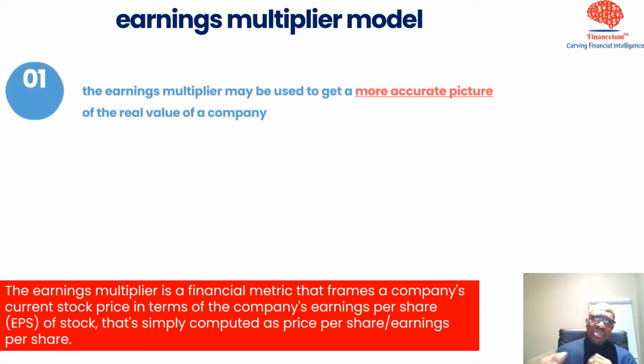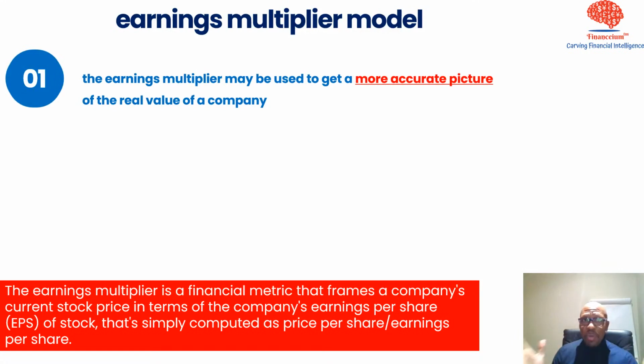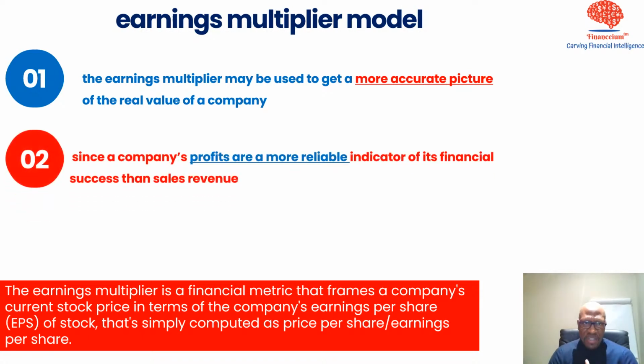Some of the things to realize about the earnings multiplier model is that it gives you a more accurate picture than the revenue model, because revenue doesn't account for the expenditure items, whereas this model has accounted for expenses, and it can give you a better real value of a company.